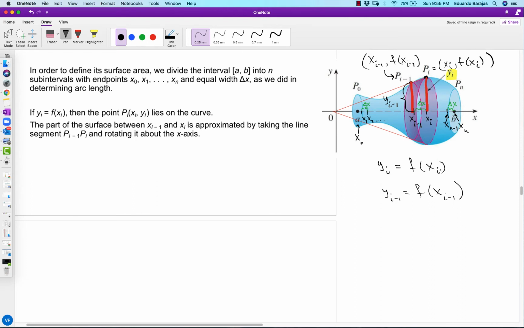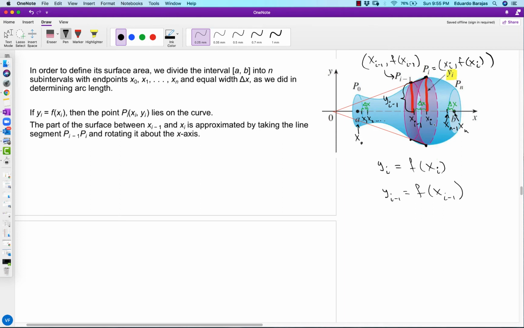Okay, so we have a little band that's created, right? So the side of that band is this segment connecting this point to that point. And then when we rotate it, we'll have on the other side another flat connection over here connecting these two. Okay, so if y sub i equals f of x sub i, then the point p sub i, comma, x sub i, y sub i lies on the curve.